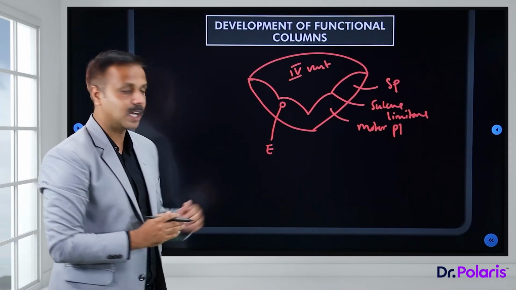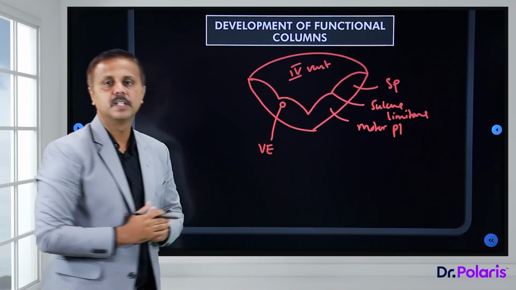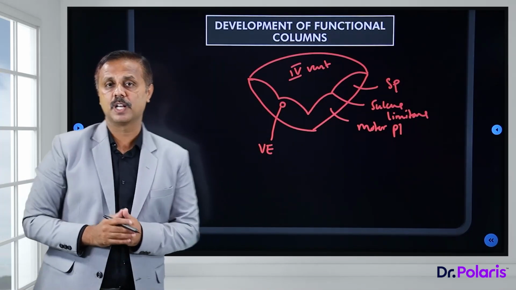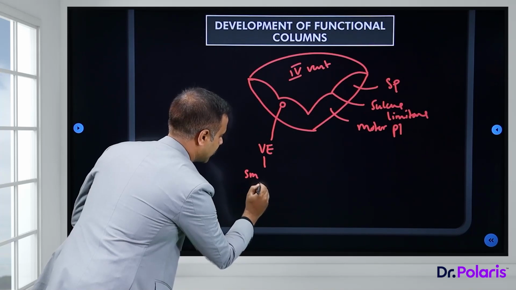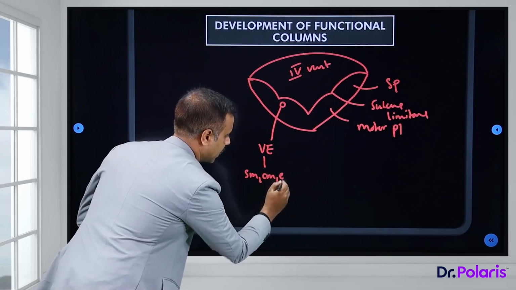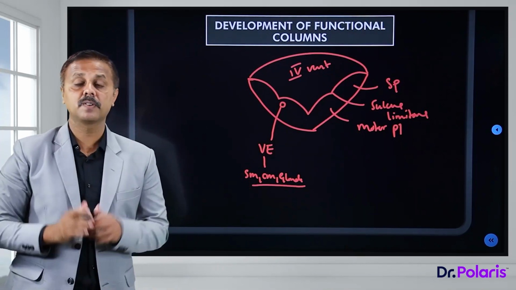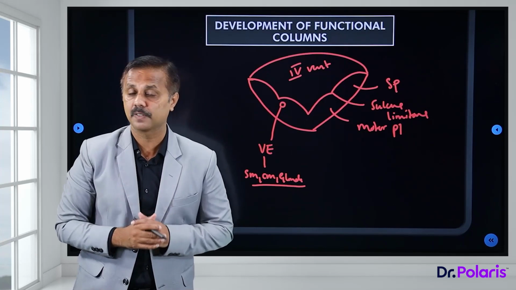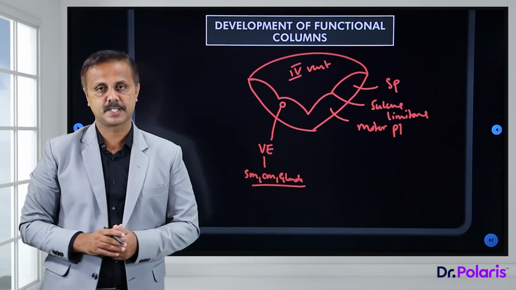Now this column is referred to as the visceral efferent column. What do we mean by this? Remember, the visceral efferent column will supply three structures: smooth muscles, cardiac muscles, or glands. So basically, the visceral efferent component forms the autonomic part of the nervous system, supplying either smooth muscle, cardiac muscle, or glands.